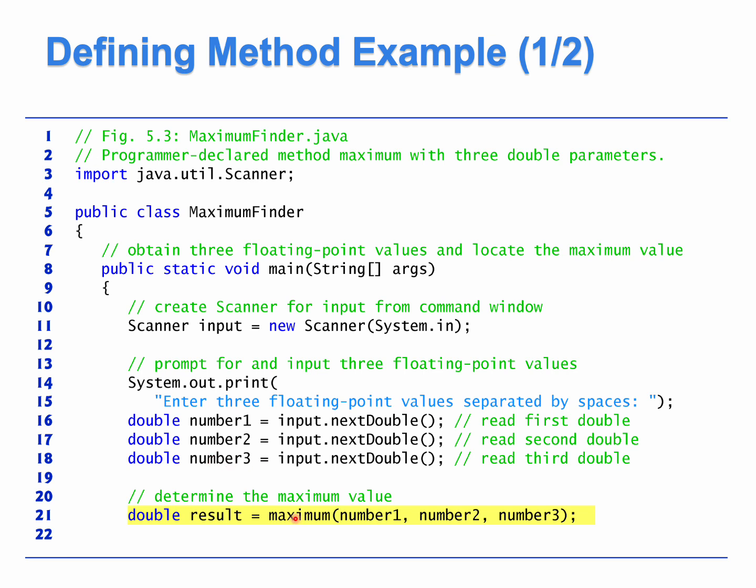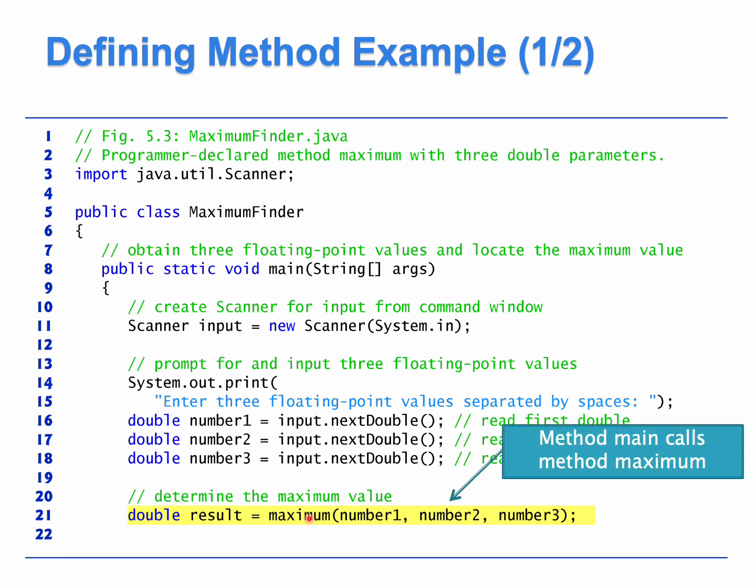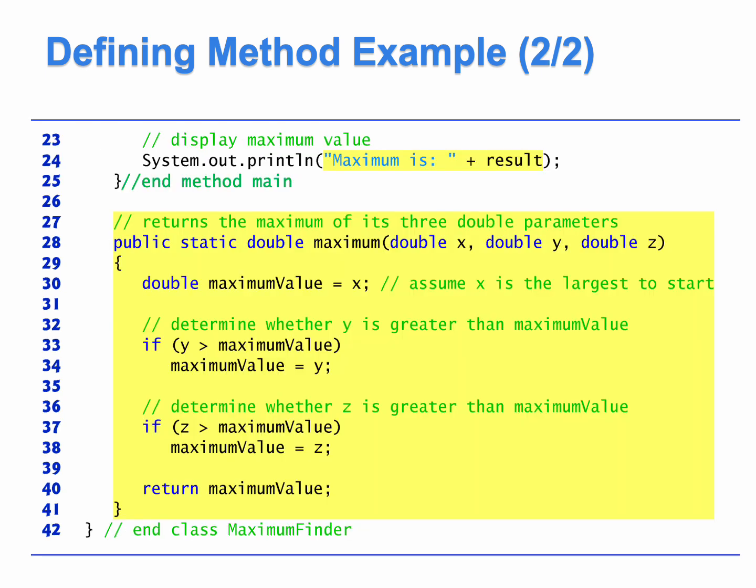Then the method main calls the method maximum, passing number1, number2, number3 as actual arguments. Method maximum returns a value which is then assigned to variable result in method main. Finally, the method main displays the value of variable result.